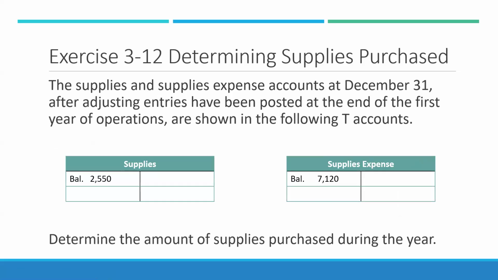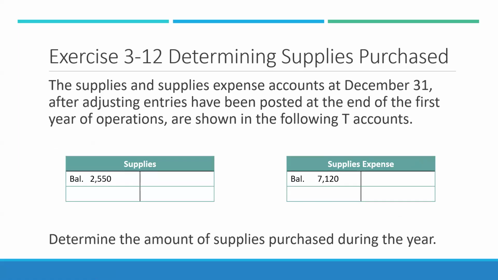The supplies and supplies expense accounts at December 31st, after adjusting entries have been posted at the end of the first year of operations, are shown in the following T accounts. Determine the amount of supplies that were purchased during the year.